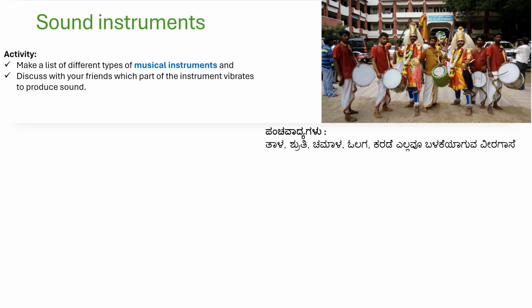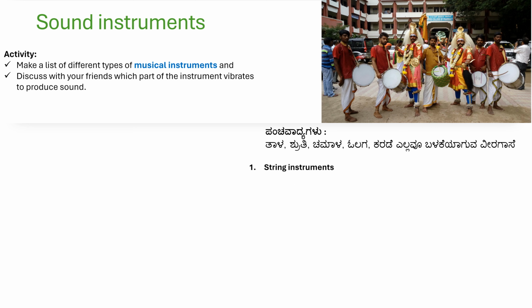In Veeragase, Panchavadyagalu, meaning five instruments, are used. All five are used: Tala, Shruti, Chamala, Dolu, Karade. Identify which of these instruments produces what kind of sound. It's time for you to explore the culture also.